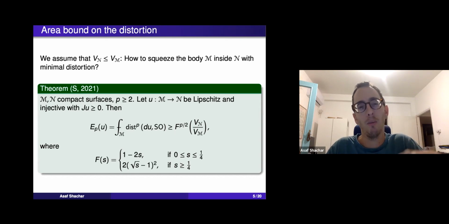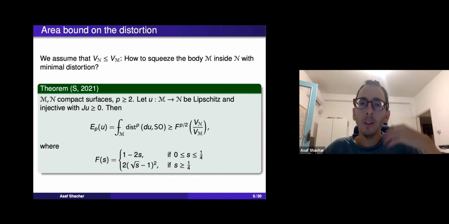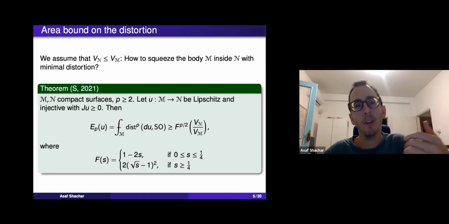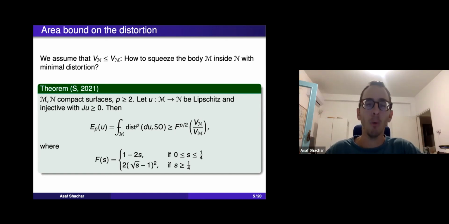Then the p elastic energy, where p plays the role of the exponent, is greater than or equal to some explicitly given function f raised to the power p over 2, evaluated on the ratio of areas. V_M and V_N are the areas of the source surface and the target surface. And f is explicitly given below. We'll discuss it a bit more in a second.